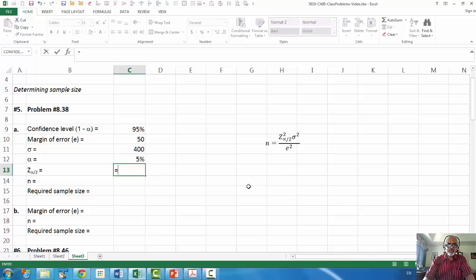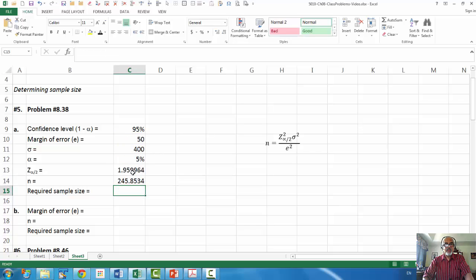Z we'll simply get using the NORM.S.INV function, that is, the cumulative probability 1 minus alpha over 2. So n is then, we apply that formula for n, which is z squared times sigma squared divided by the margin of error squared, and you get your estimated sample size.